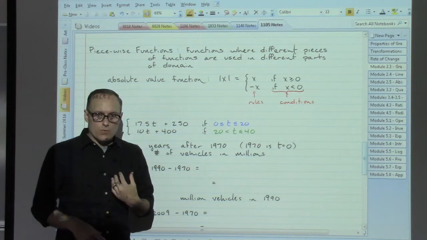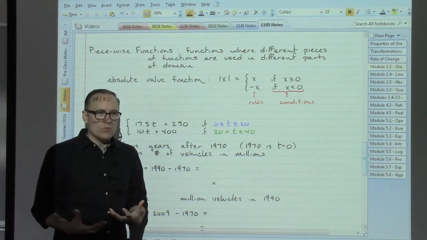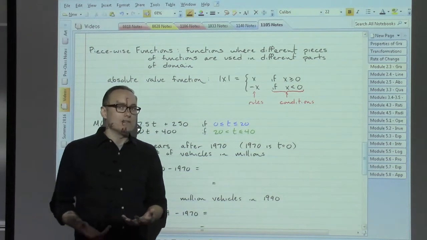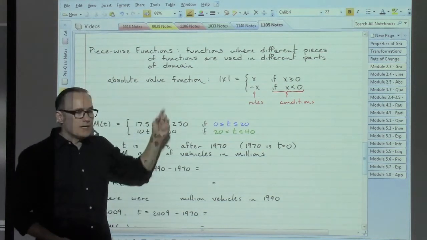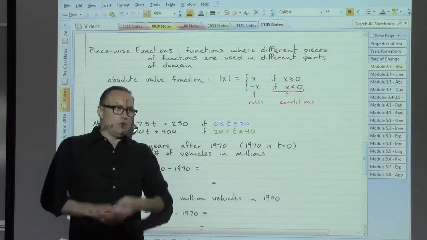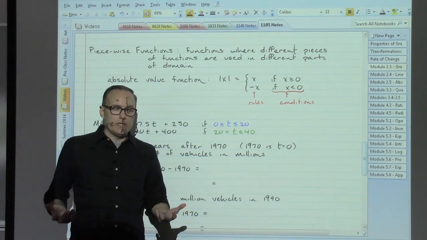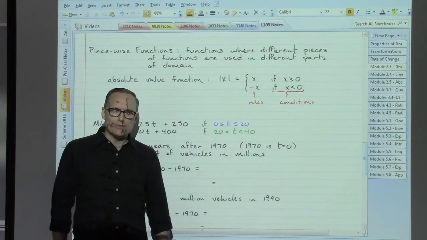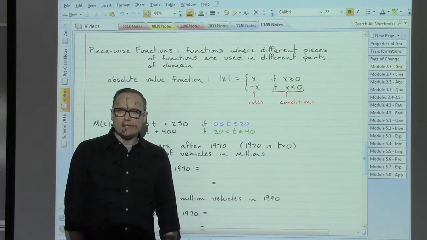And one of the ones that we're actually already aware of, but possibly not in the sense of it being a piecewise defined function, is the absolute value function. The whole idea we said originally when we first talked about absolute value was absolute value takes a number and turns it positive.